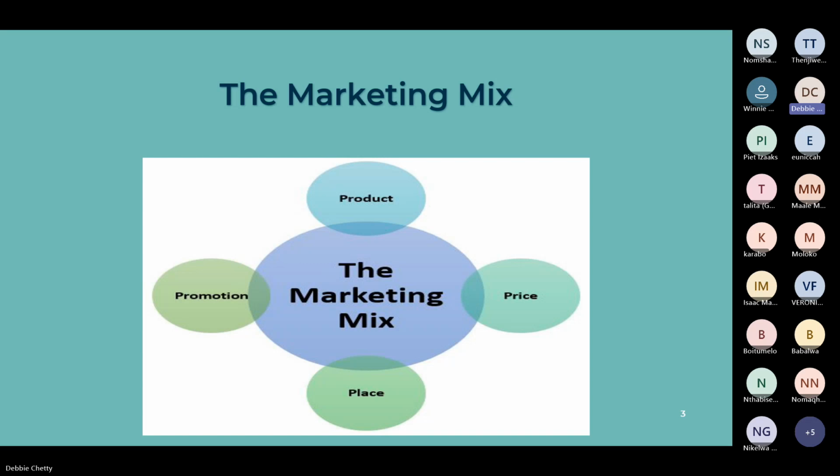But later on, it has expanded to the 7 Ps, which included people, processes, packaging as well. So it has changed. The marketing mix has evolved into the 7 Ps. So apart from just being the 4 Ps, it's now known as the 7 Ps of marketing as well, right?